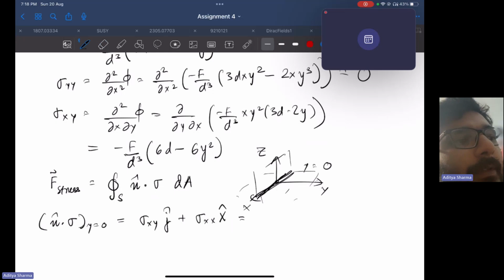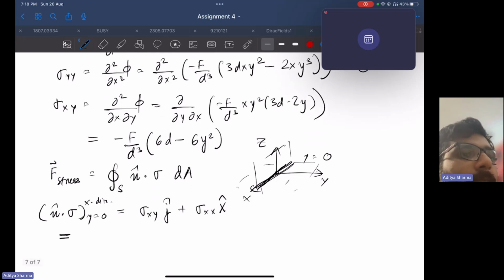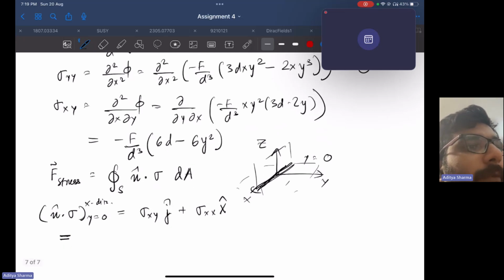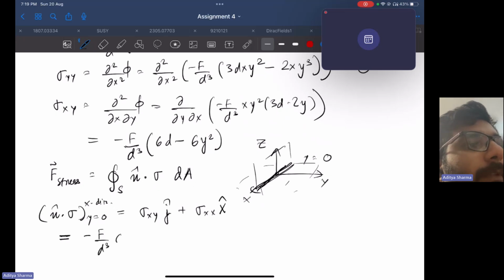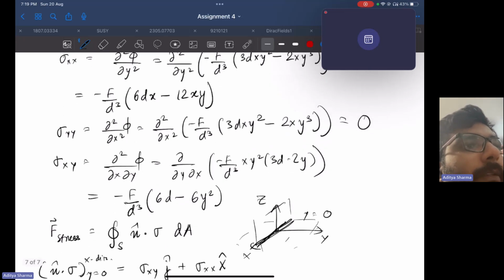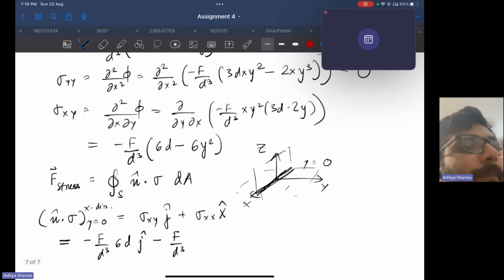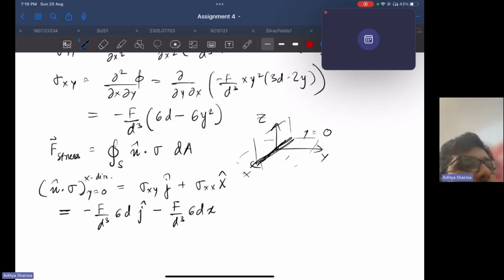So this is along the x direction. So this will give us sigma xy at y equal to 0 gives us xy cube 6d j cap plus sigma xx at y equal to 0 gives us minus d cube 6d x cap.